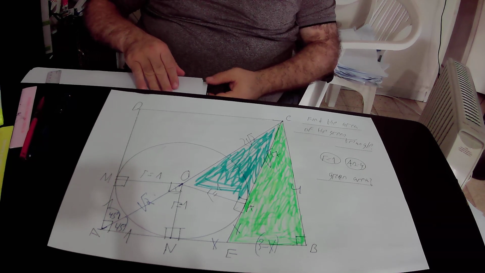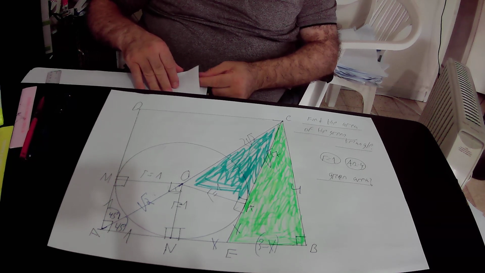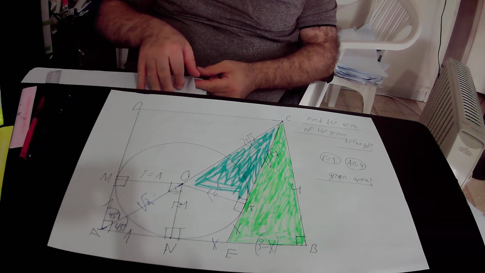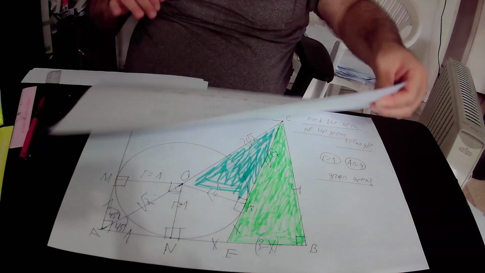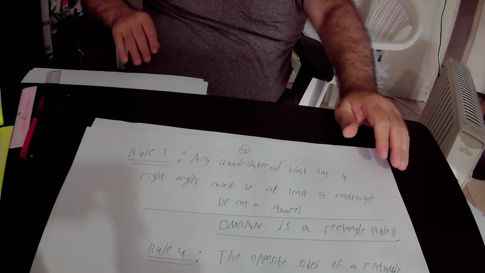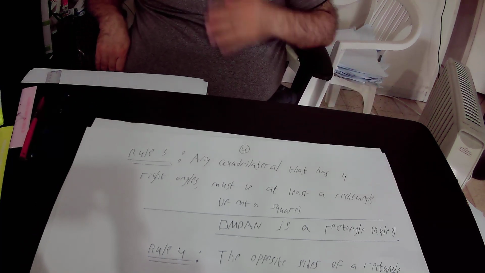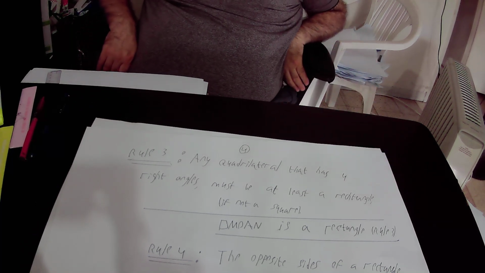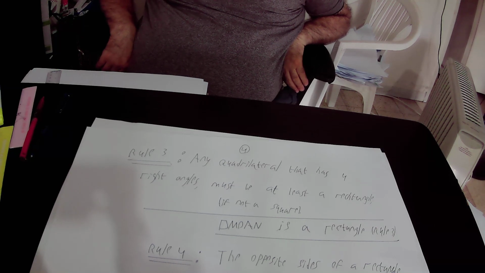And we also have rule number 3. According to rule number 3, any quadrilateral that has 4 right angles must be at least a rectangle, if not a square.